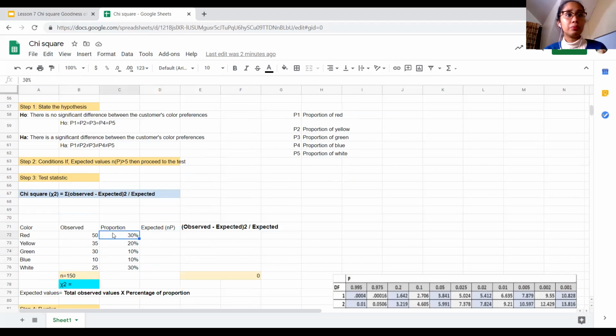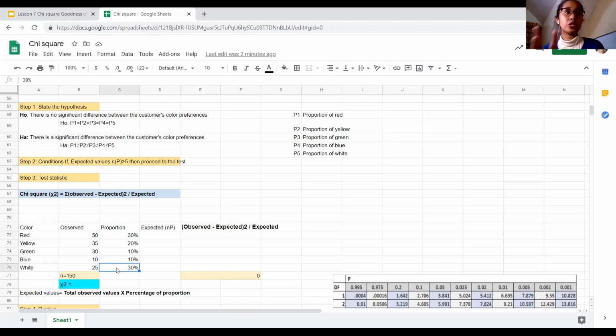So from last year, 30% of the customers ordered red-colored cars, 20% ordered yellow, 10% ordered green, 10% ordered blue, and 30% ordered white.